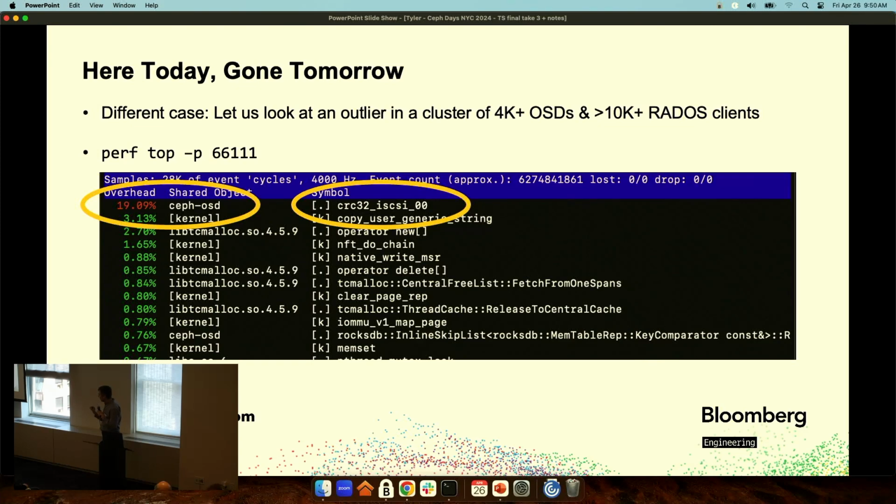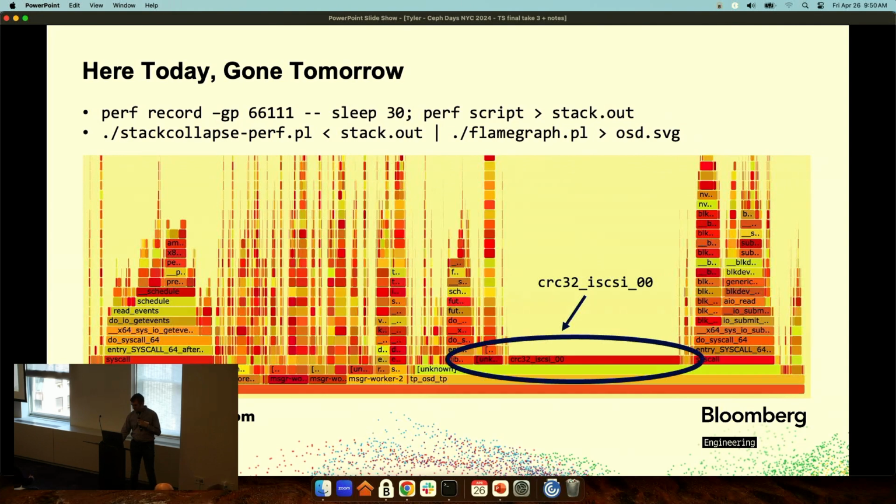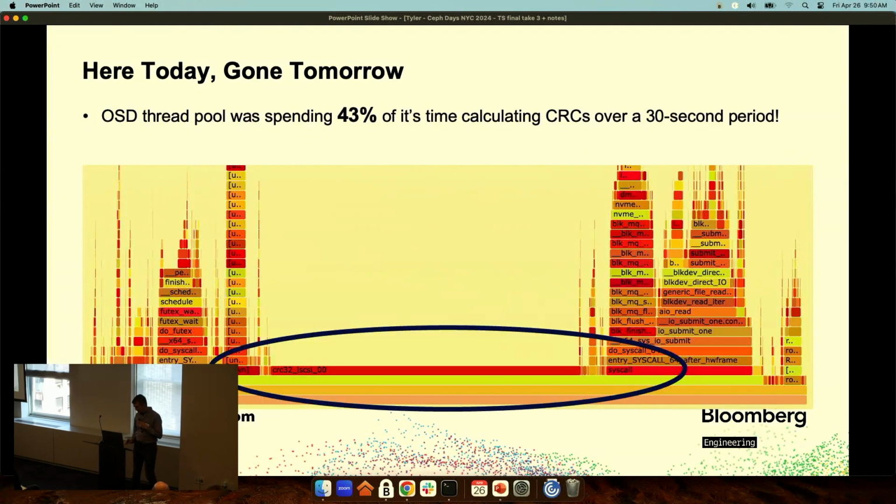It wasn't always like this. This was the first flame graph. So to show you the relative, it is really taking 20% of the time. It's dominating the thread pool over there. It's more than basically any other Ceph process. And if you look at the thread pool in particular, it was 43% of the thread pool's time.